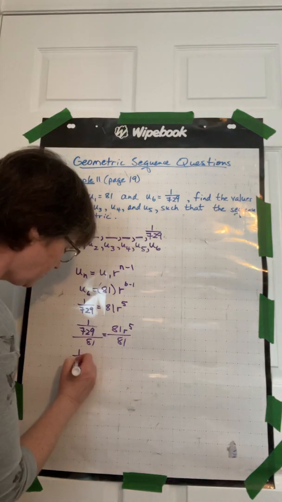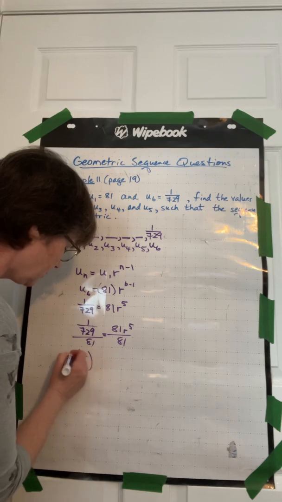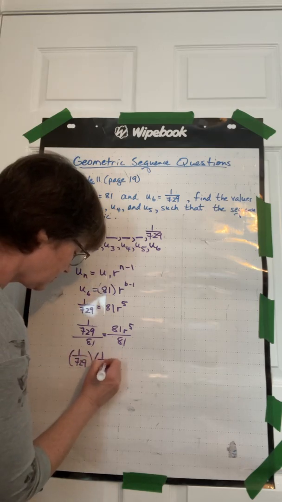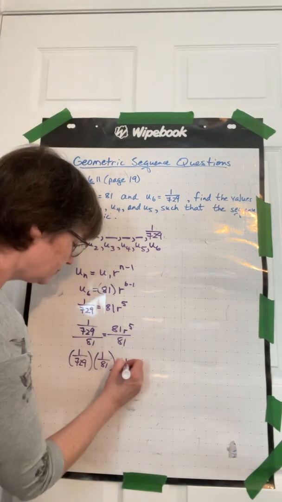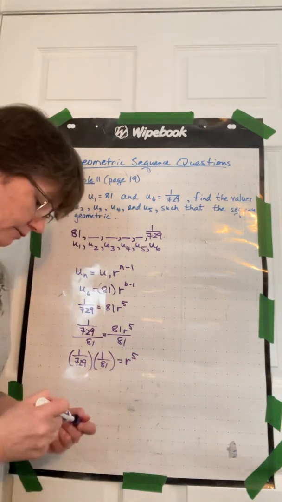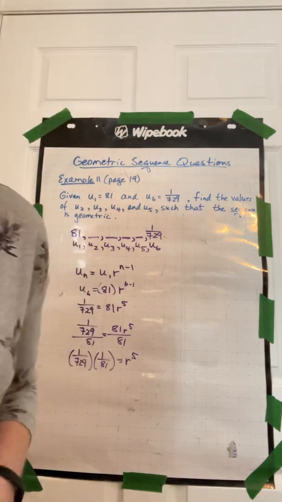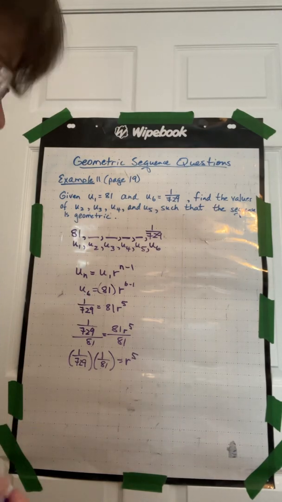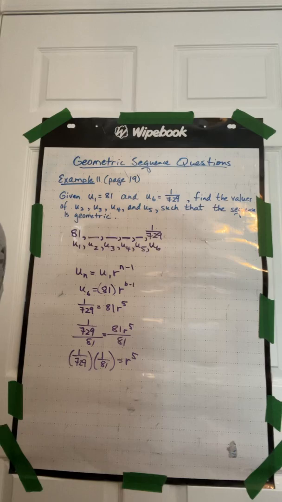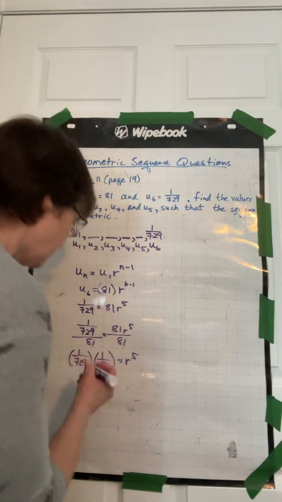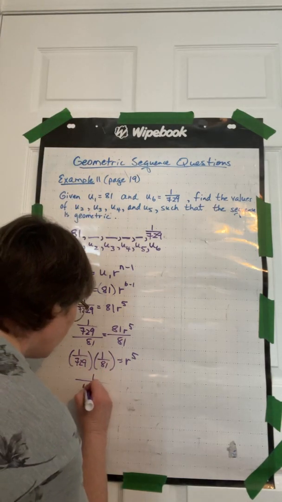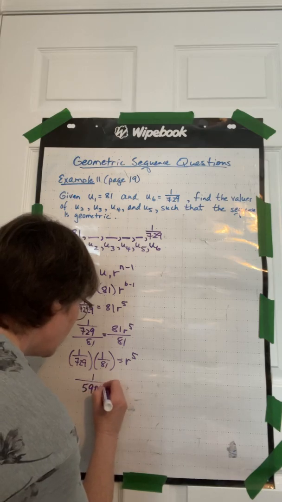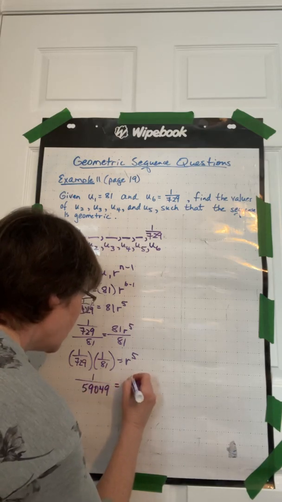So now we have this, r to the 5th. All right, so we better find out what that number is. Poke that in our calculator. 729 multiplied by 81 is 59,049. 59,049 is r to the 5th.